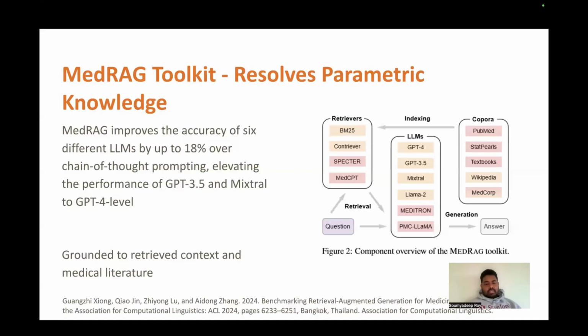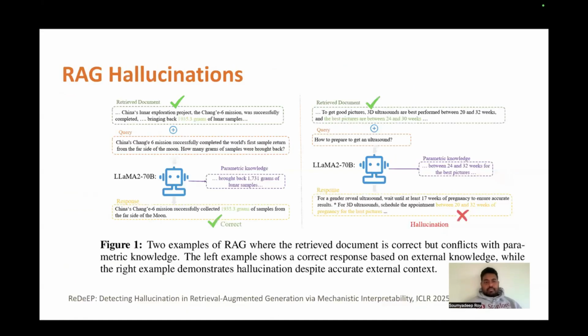But recent works showed that it is not always the case. Even if the correct answer is in the corpus, there is still a conflict between the parametric knowledge of the LLM and the retrieved document, as well as within the different retrieved documents that we have.